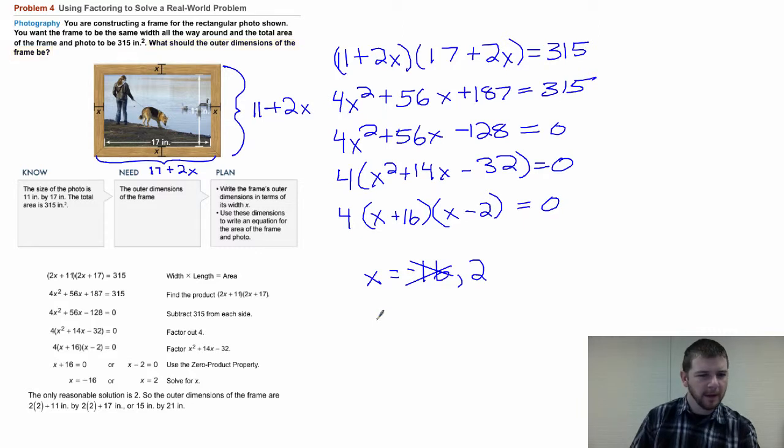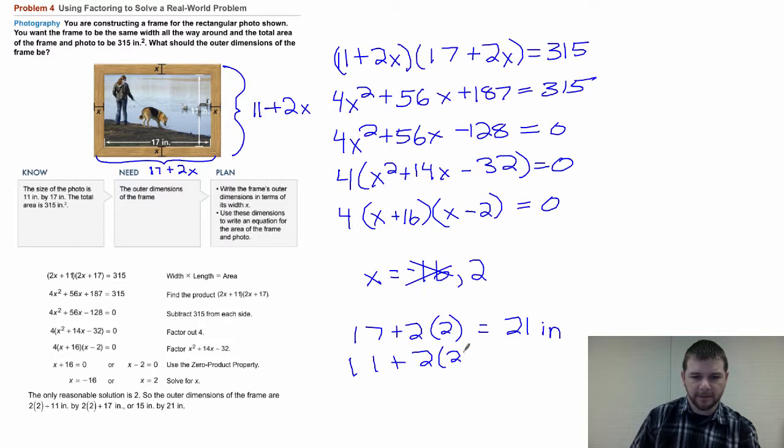Well, recall our width was 17 plus 2x. Substituting 2 inches in for x, we'll find 17 plus 4 inches, or 21 inches. And for our height, 11 plus 2x inches.